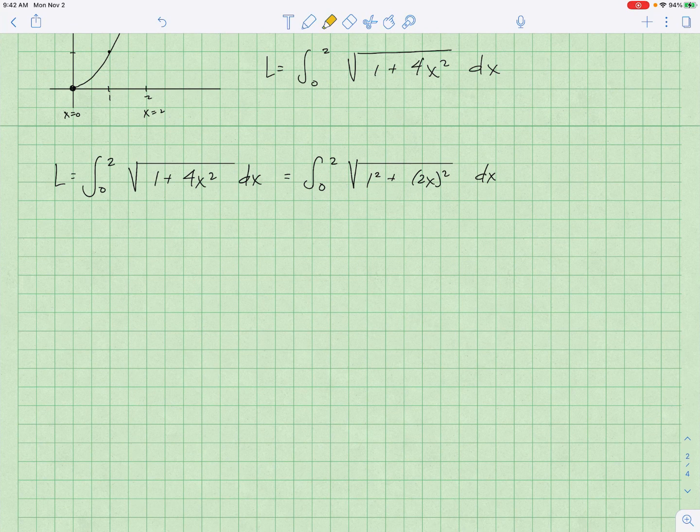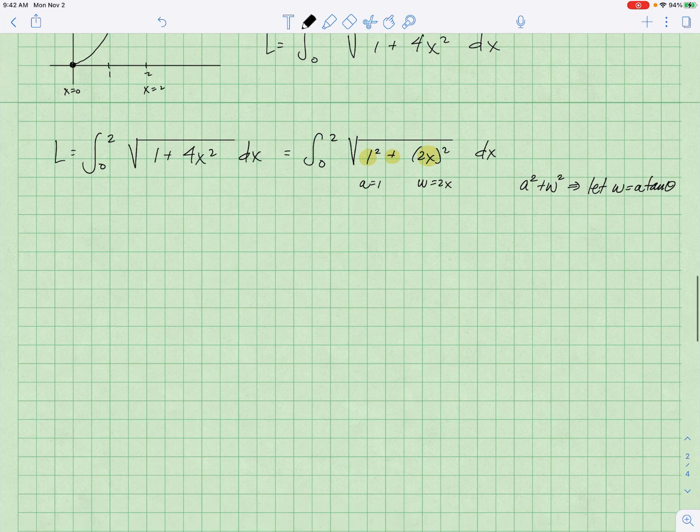And so according to this format, it is a sum of squares where a is 1, w is 2x, and according to a squared plus w squared, we need to let w equal a tangent theta. So in this case, we're going to let 2x equal 1 tangent theta, so that 2 dx is equal to secant squared theta d theta.